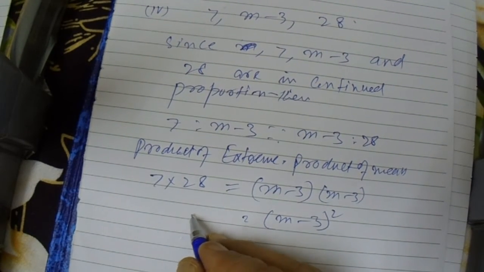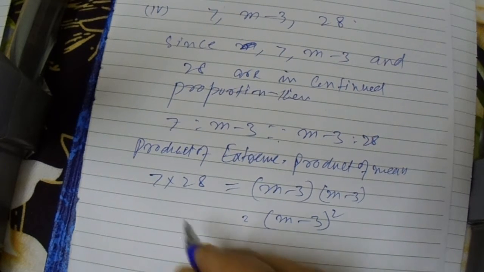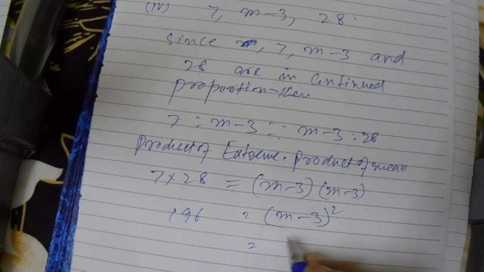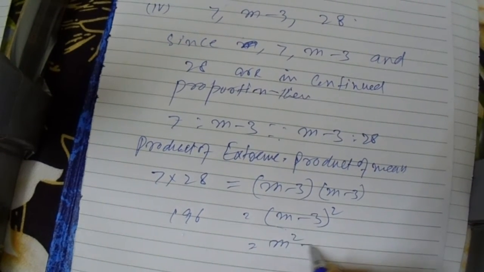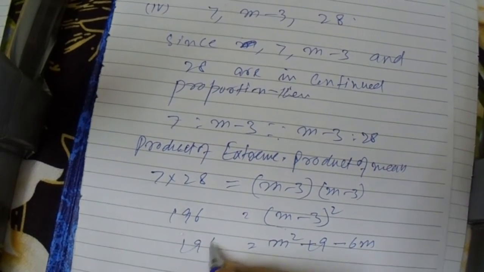Now 28 multiplied by 7 is equal to 196. We open the square: m square plus 9 minus 6m is equal to 196.